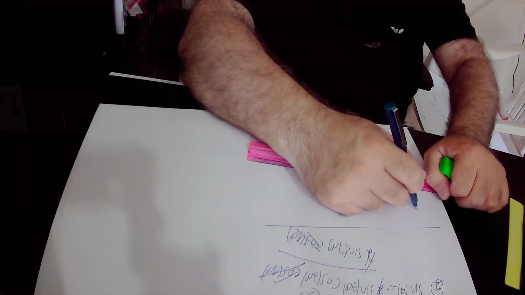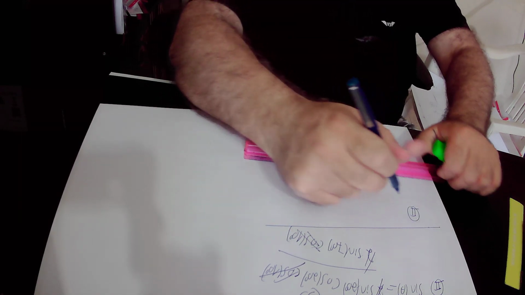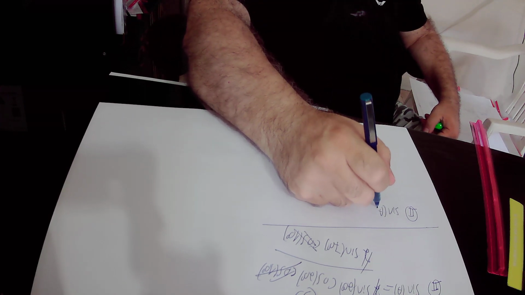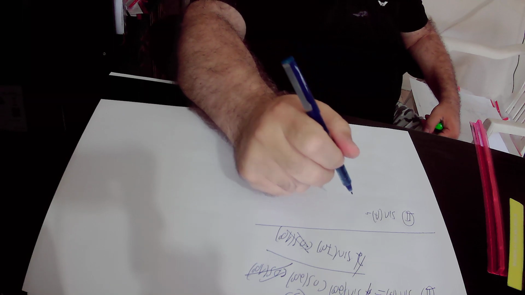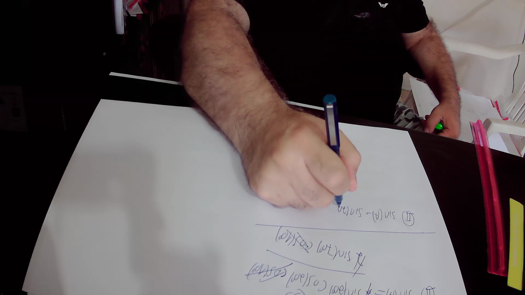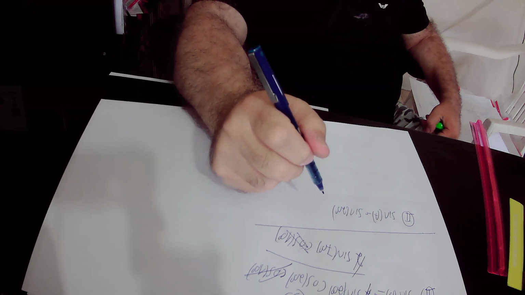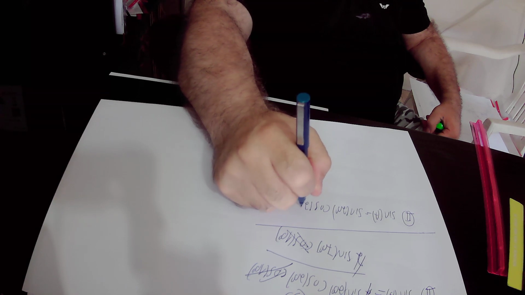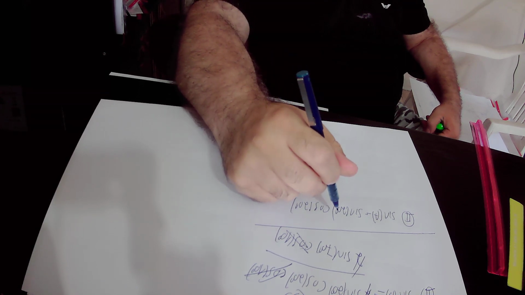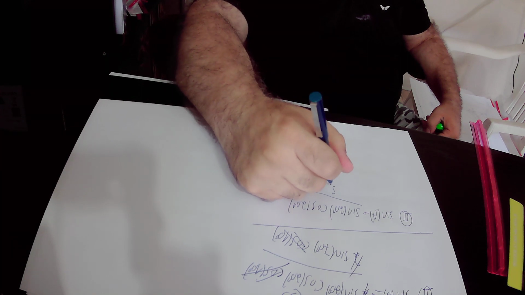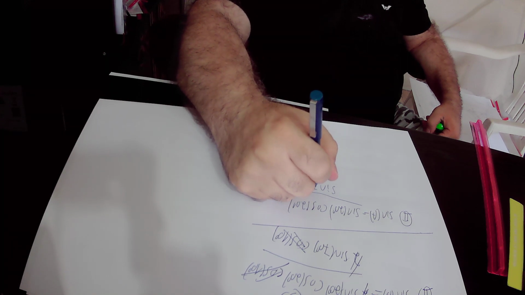So in conclusion, we found out that according to equation number 2, sinus theta equals sinus 20 degrees times cosine 20 degrees over sinus 70 degrees. Okay.